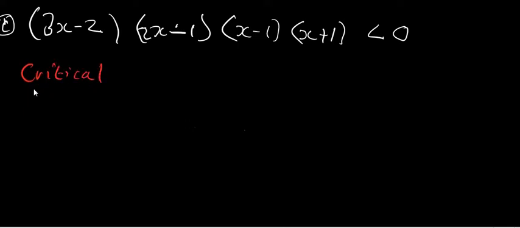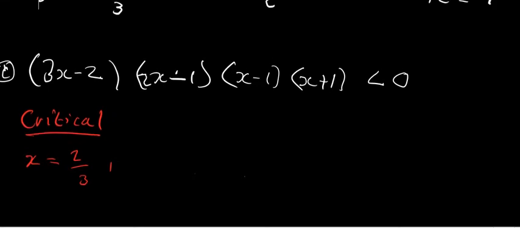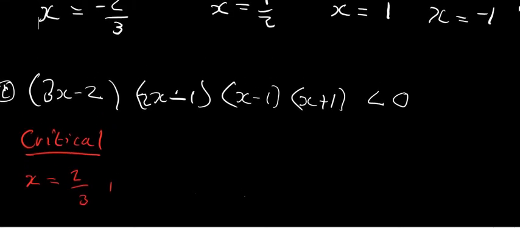The critical point in this case, you are going to find that x is equal to 2 over 3, and then you know that x, is it 2 over 3 or negative? I think I have put something there.